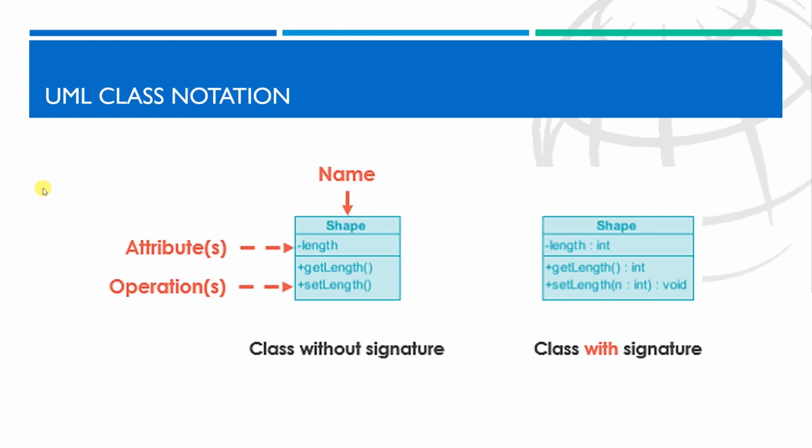The class operations, or methods, are shown in the third partition. They are services the class provides. The return type of a method is shown after the colon at the end of the method signature, and the types of method parameters are shown after the colon following the parameter name. Operations map onto class methods in code.